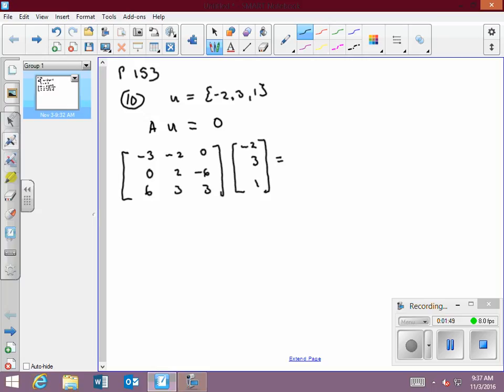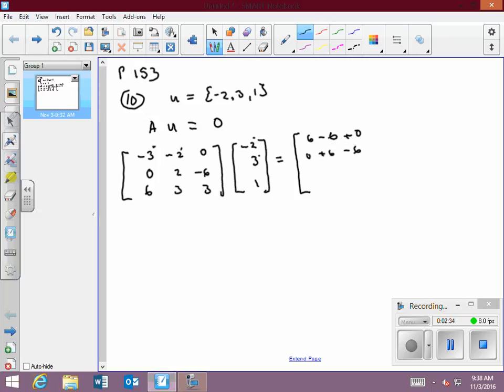So you multiply the 3 times the 2, so you get 6, and then minus 6, that's this term times that term, and then 0 times 1 is 0. Then you multiply the second row times that, so then it's 0. Then 2 times the 3 is 6, and the minus 6 times the 1 is a minus 6.